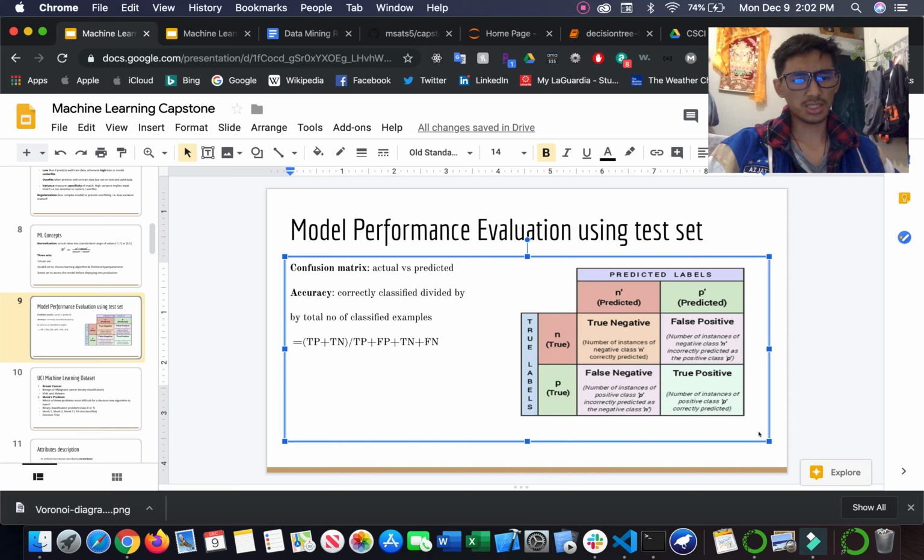So this is the chart. Let's say you have two labels, negative and positive, with true labels and predicted labels. So there is the concept of true negative, false positive, false negative, true positive.